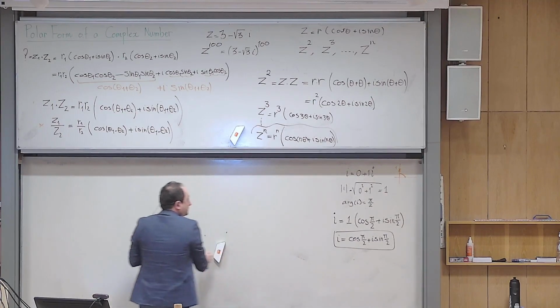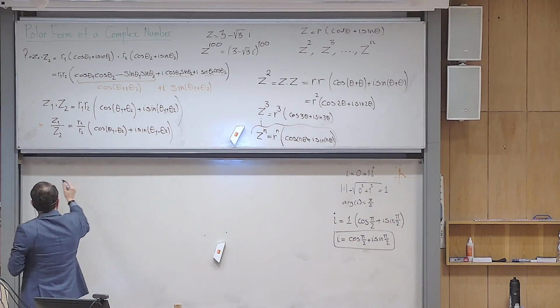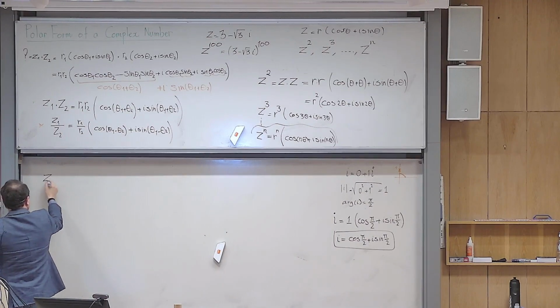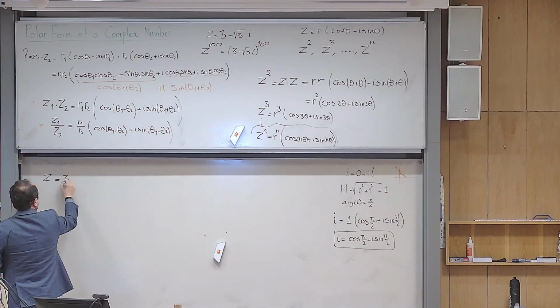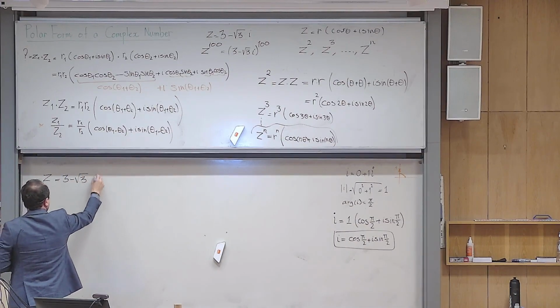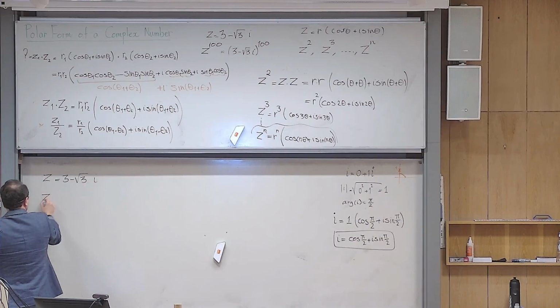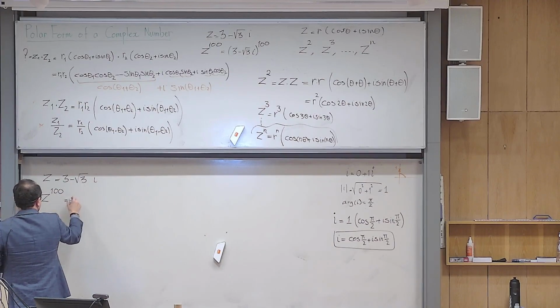I think you have written something in your notebook. So if you remember this number z, the question is this. They give you this number, for example, and ask you to calculate z to the power 100. Let us see if we can do that.